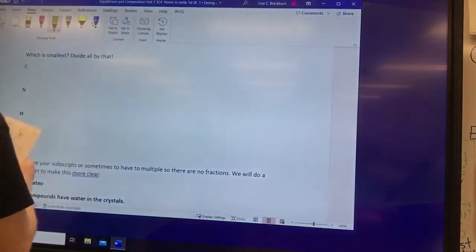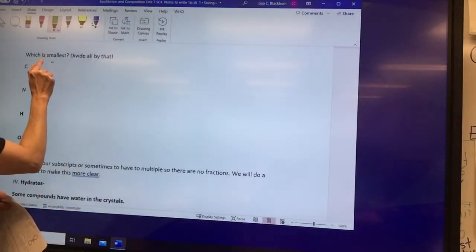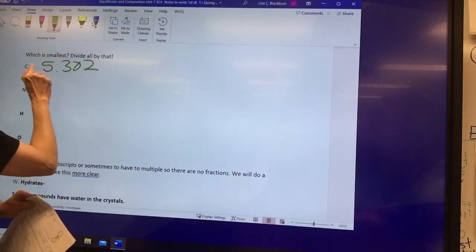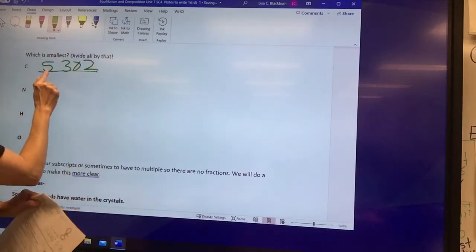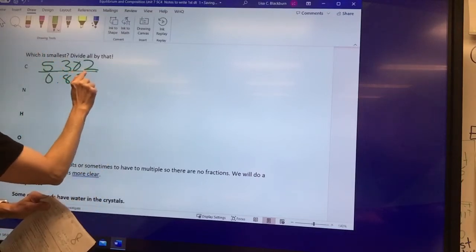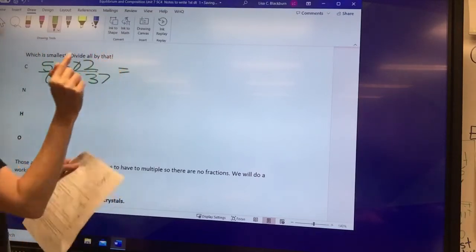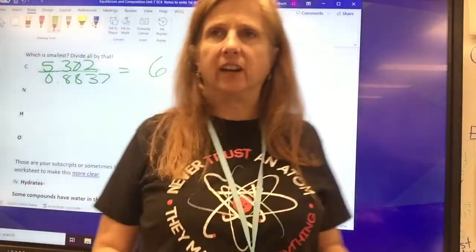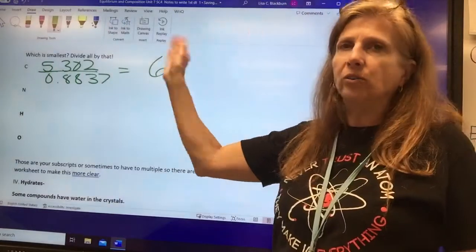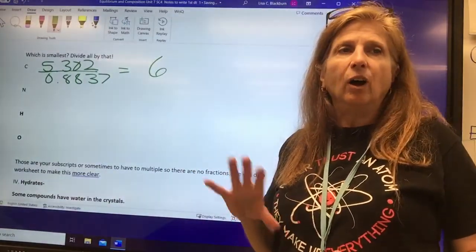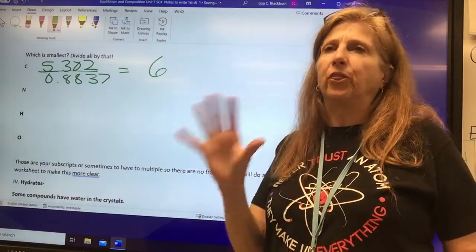So for carbon, it was 5.302 divided by 0.8837, and it's 6. Now, on our answers here, we're going to get whole numbers, or if it's a half, we'll do half or we'll do third.